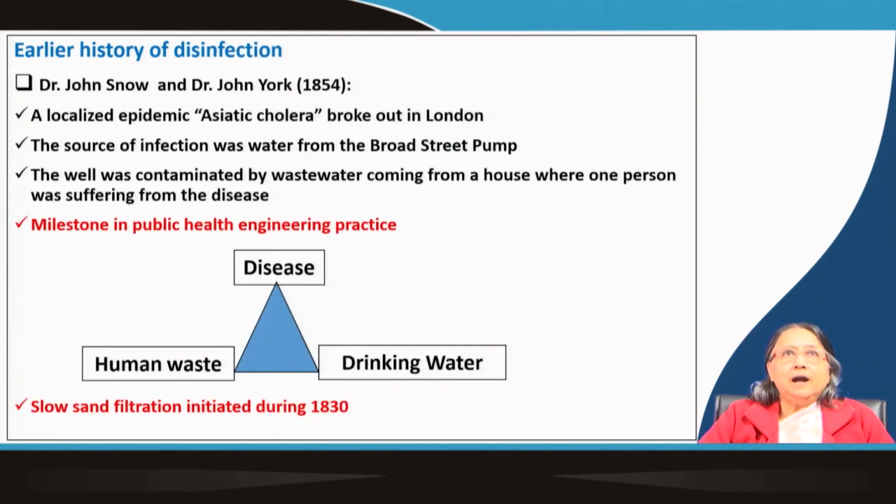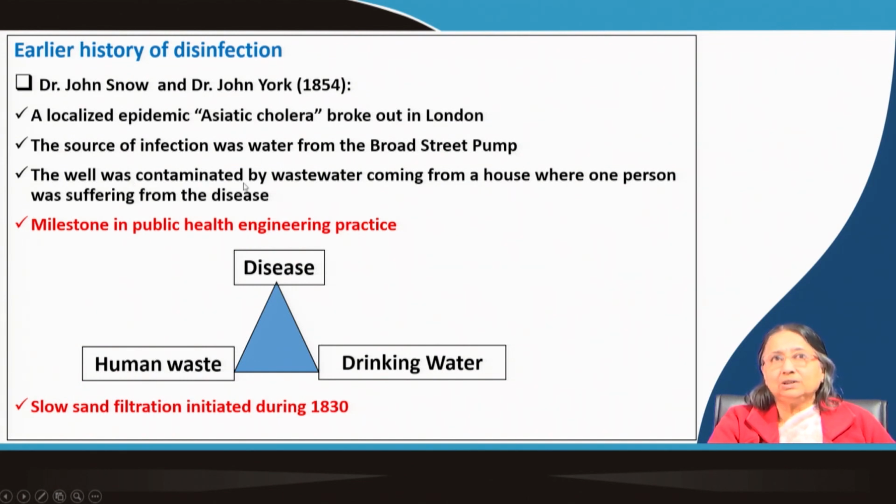Now, the early history of disinfection is a very important thing. John Snow and John York in 1854 are very famous persons. A localized epidemic, Asiatic cholera, broke out in London. The source of infection was water from the Broad Street pump. Why did it happen?